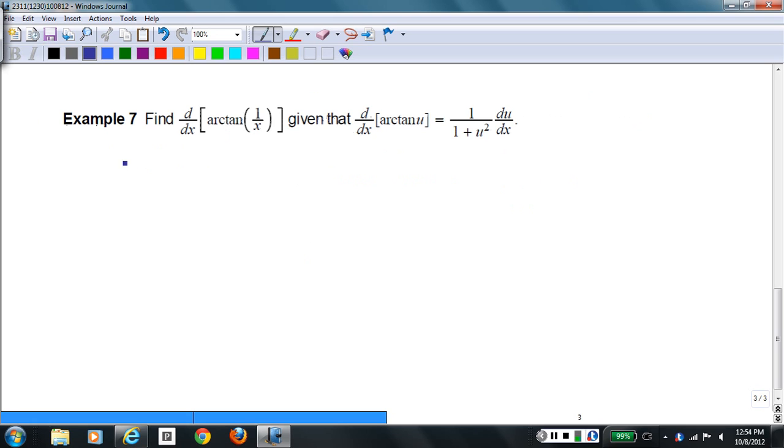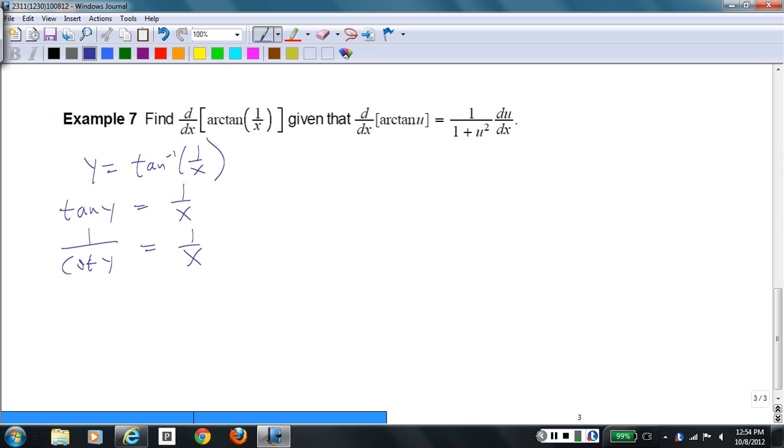If we have y equals inverse tangent of 1 over x, then the tangent of y equals 1 over x, but then 1 over the cotangent of y equals 1 over x.